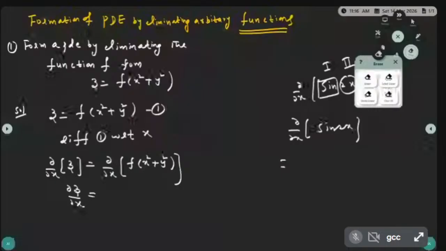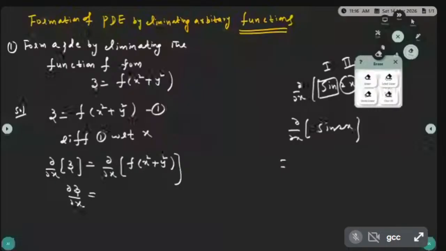Differentiation of sin 2x, cos 2x. Okay, this is over. Second priority, 2x. Dou by dou x of 2x. Cos 2x into, what is dou by dou x of 2x? 2. This is correct, but you are telling 2 first. What is the correct answer? Cos 2x. First the main function is differentiated, and this is differentiated last. First main, next the second one.